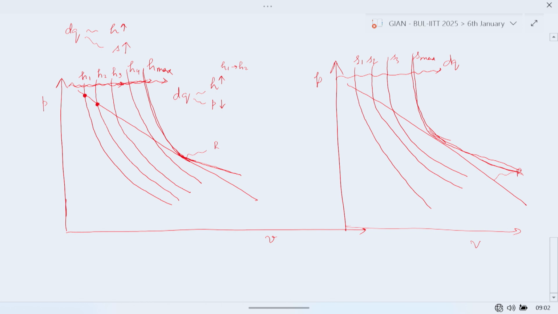This is the drop in the pressure. So you can see that the pressure is decreasing from here to here. Further addition of heat will cause the pressure to decrease further. Now the same effect you also see here. The addition of heat will cause enthalpy to increase, the entropy to increase, and the static pressure to decrease.